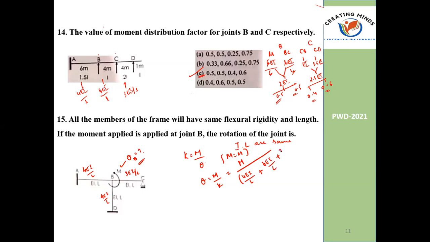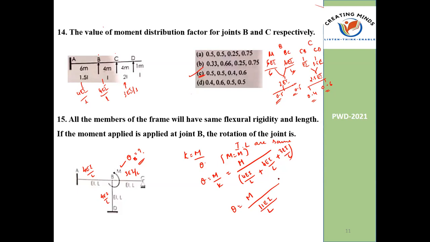So theta equals M divided by 4, 4 plus 4 plus 3, taking LCM L, so 11 EI.